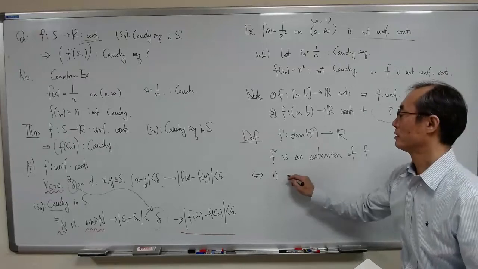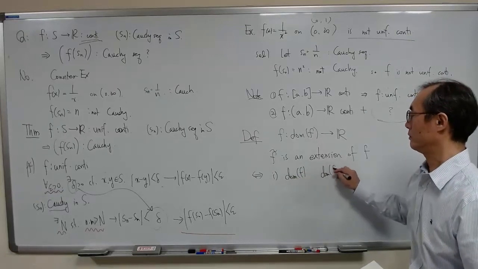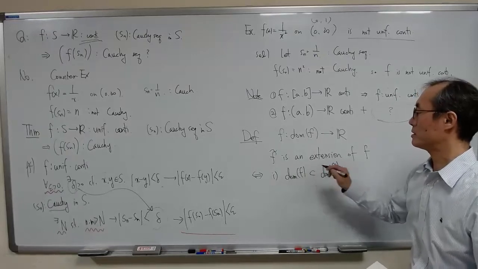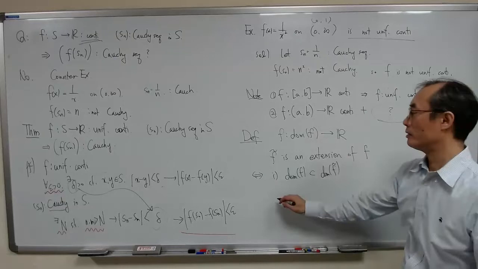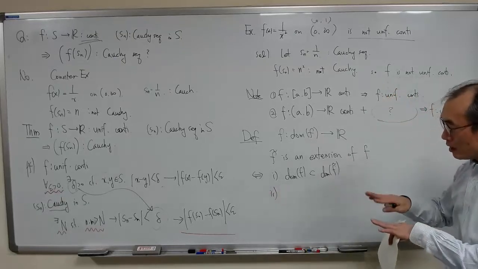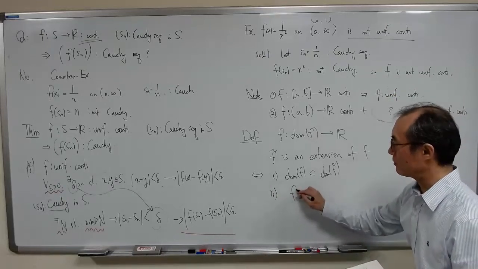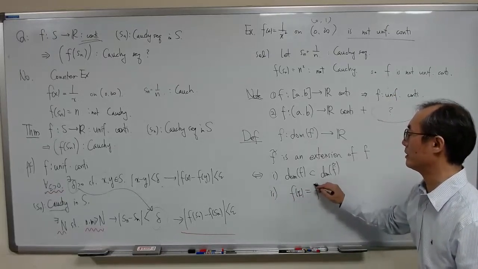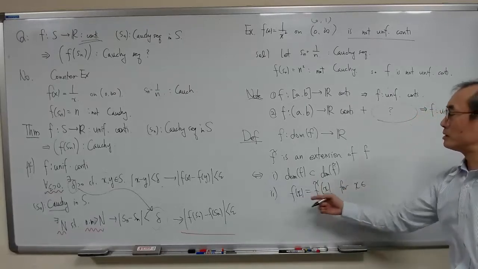That means dom of f and dom of f tilde have this set inclusion relation. However, the value of the function on the common domain must be the same: f of x agrees with f tilde of x for x in the original domain of definition.